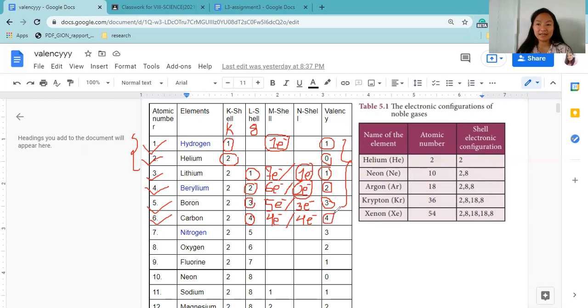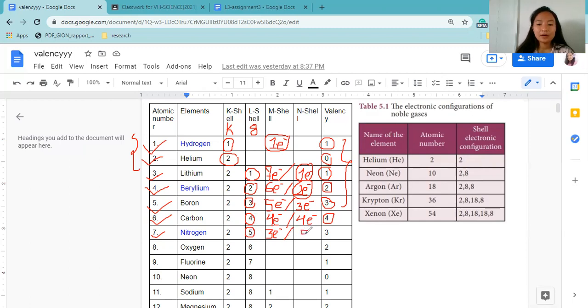Let's take the last example, nitrogen. In nitrogen, there are 5 electrons in the last shell, right? For this element to become octet stable, there have to be another 3 electrons. 5 plus 3 would be 8. Then it would become octet stable. Another condition is removing all those 5 electrons from the last shell.